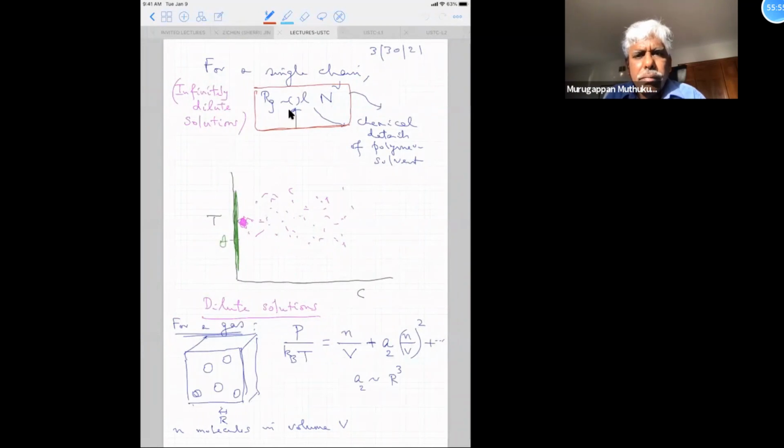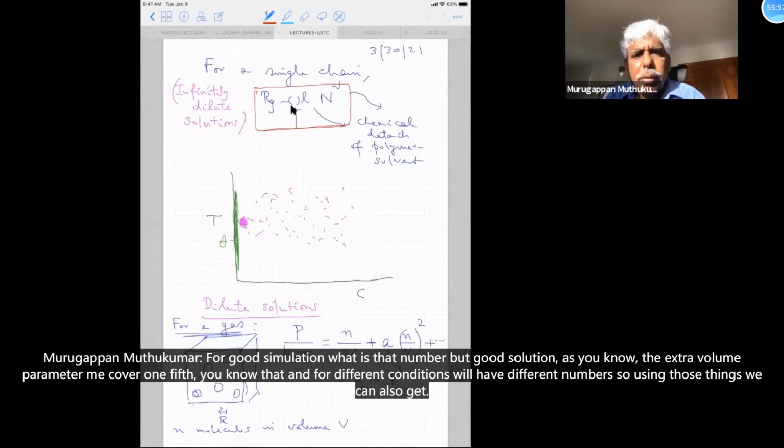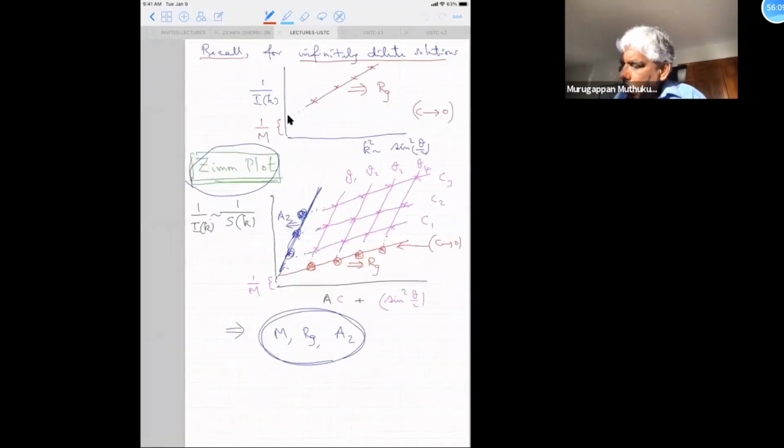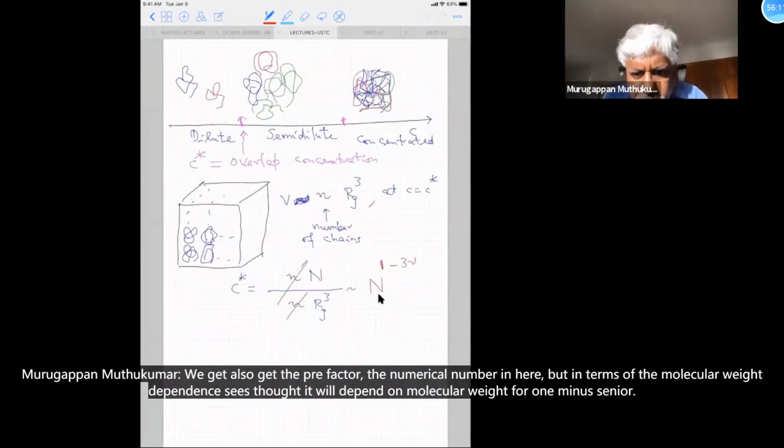For a good solution, the excluded volume parameter gives nu of 3/5, and for different conditions you'll have different numbers. So using those, we can also get the numerical prefactor. But in terms of the molecular weight dependence, C star will depend on molecular weight to the power 1 minus 3 nu.